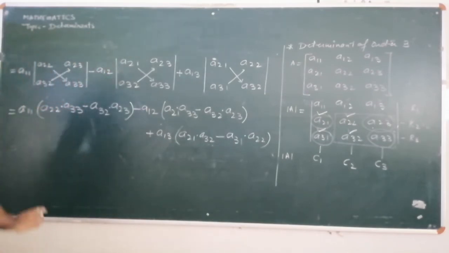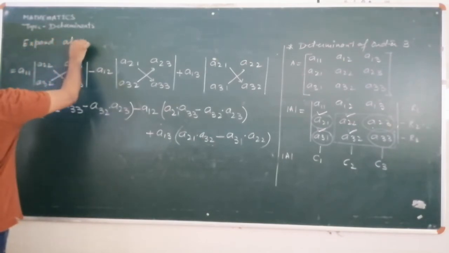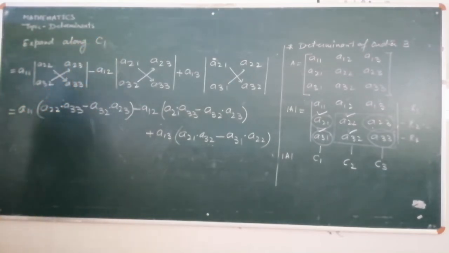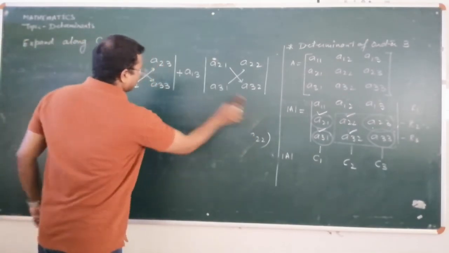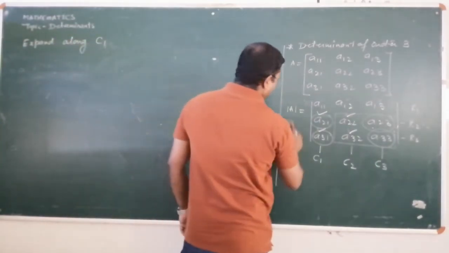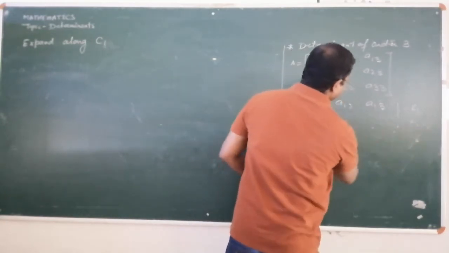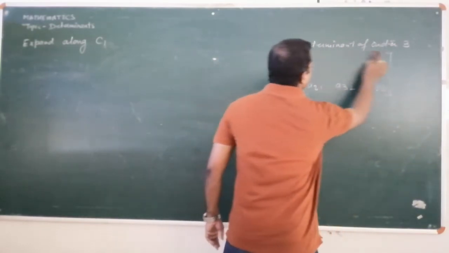If we want to expand along column first, C1, see how we will do. We want to expand along the first column. I am writing this determinant here only so that you can understand more easily.